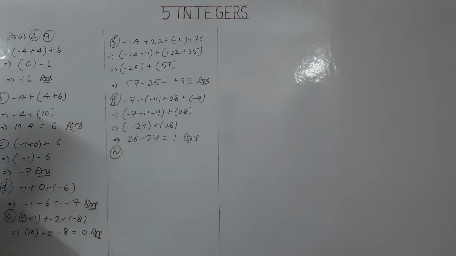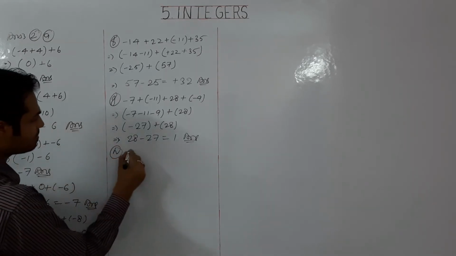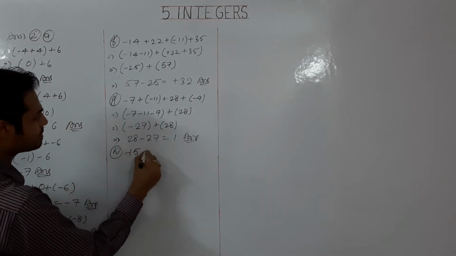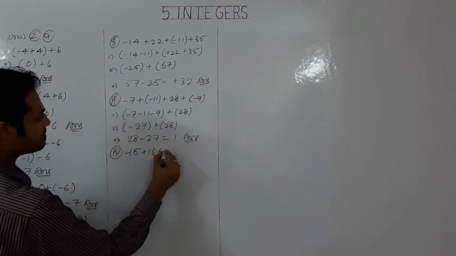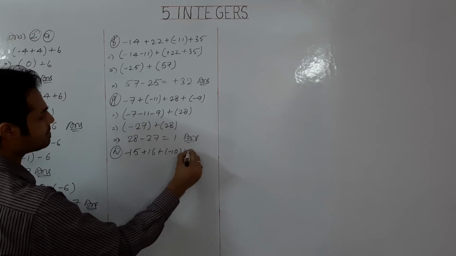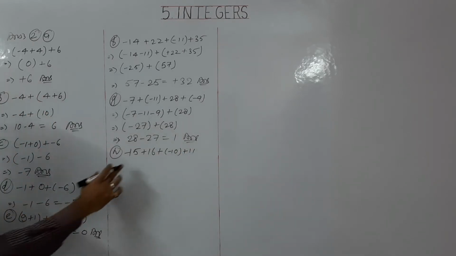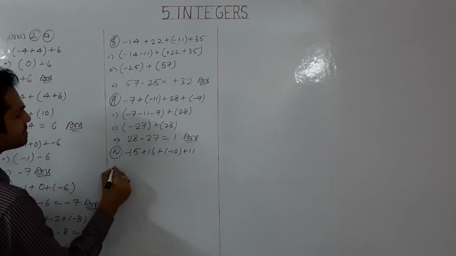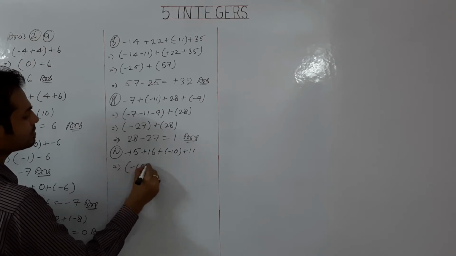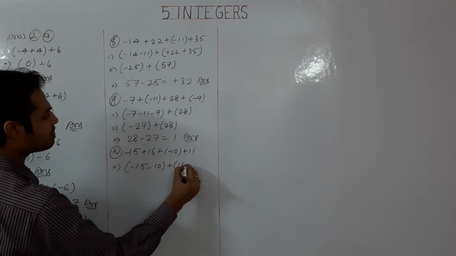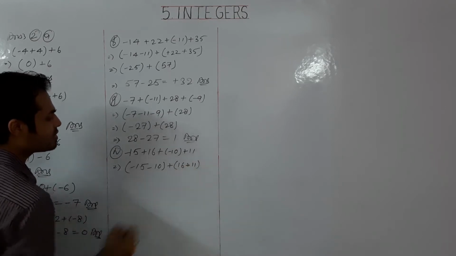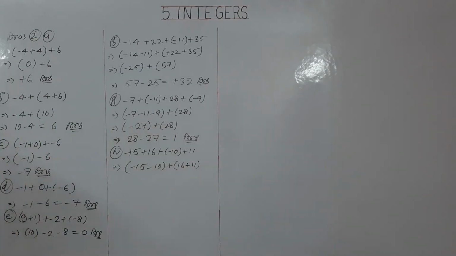Last part H: minus 15 plus 16 plus minus 10 plus 11. Again we have two negative and two positive numbers. Grouping is based on the sign, negative and positive.